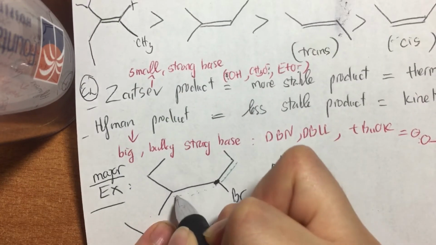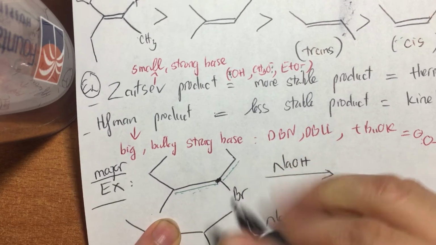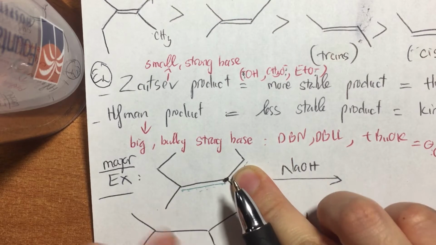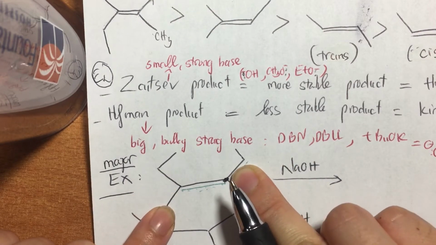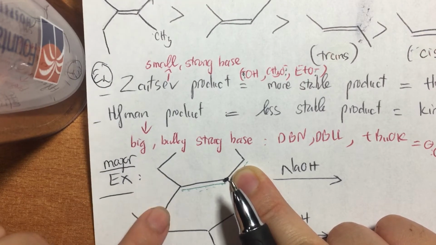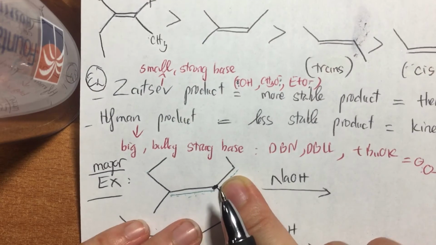But if I have a double bond forming right here, then I will have a tri-substituted product. So the tri-substituted product is more substituted and is more stable. So the tri-substituted product is actually the Zaitsev product.